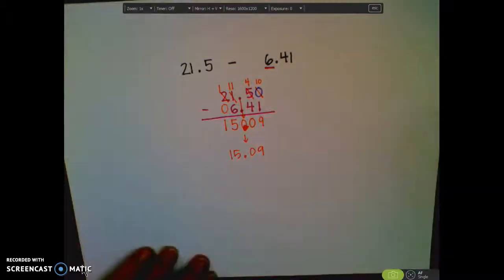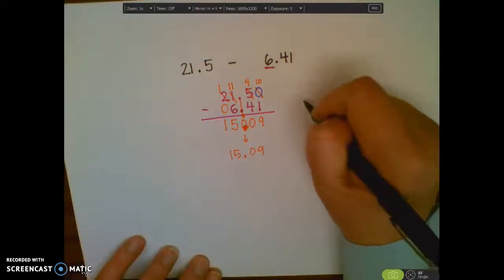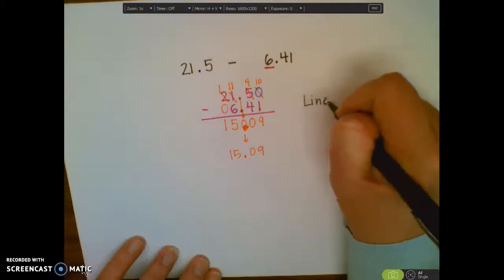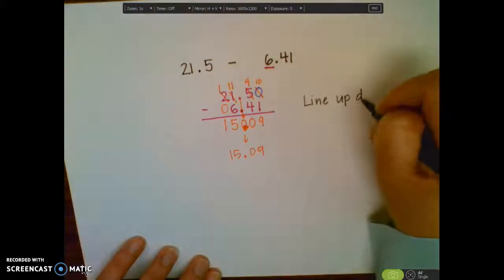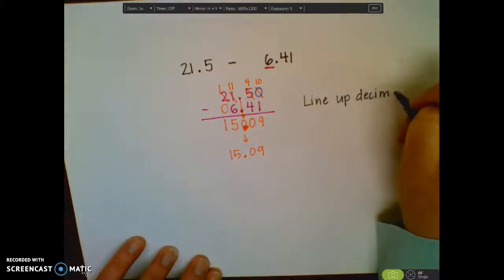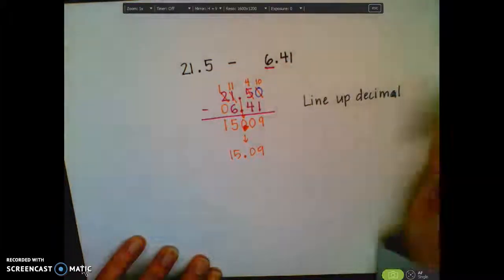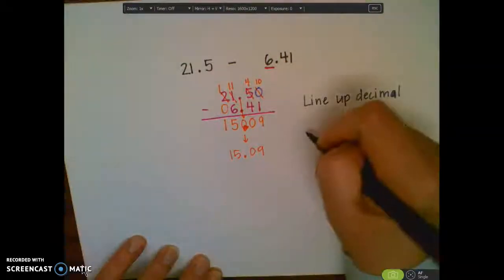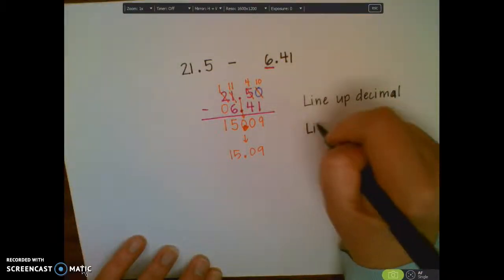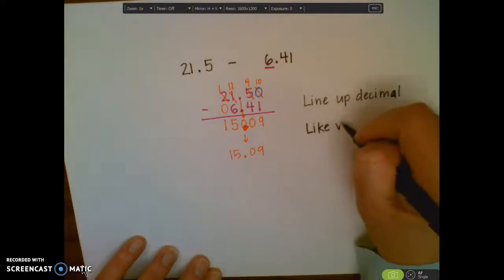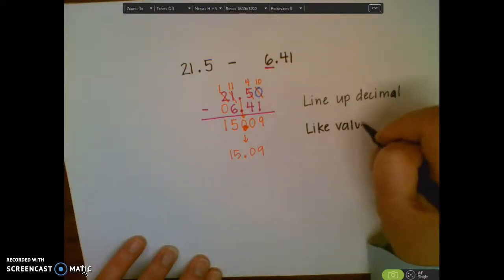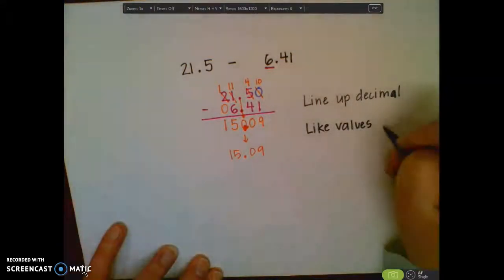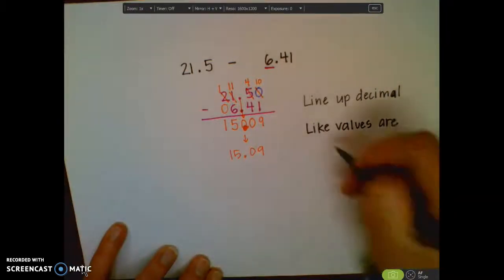So the key whenever you are adding and subtracting with decimals is that you need to line up the decimal, so that like values, like the ones, hundreds, tens, are being subtracted and added together.